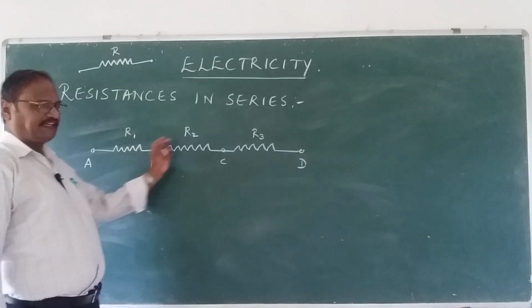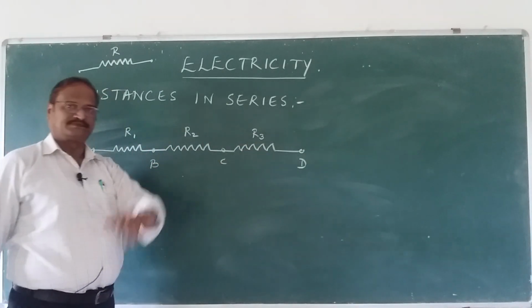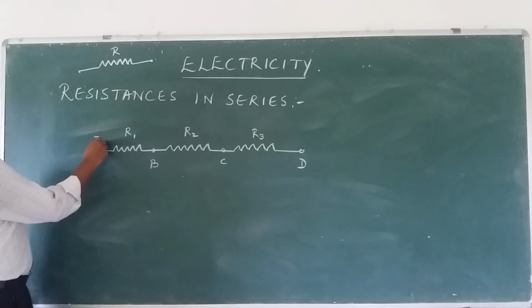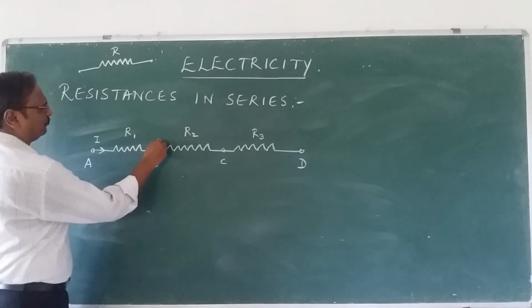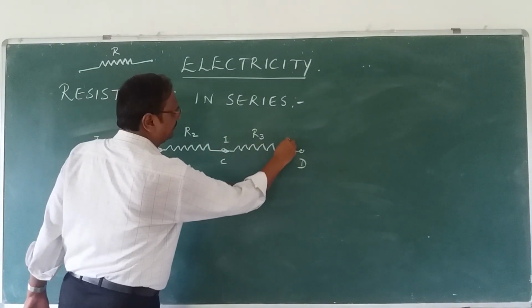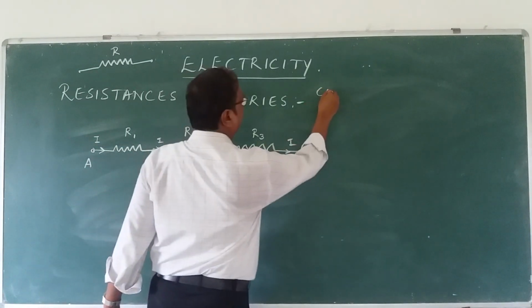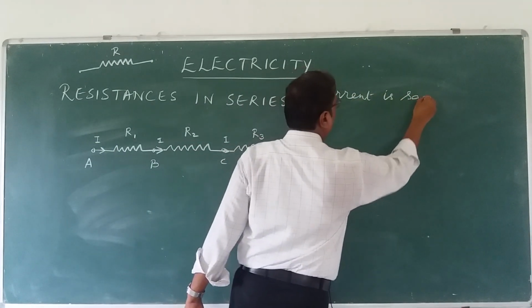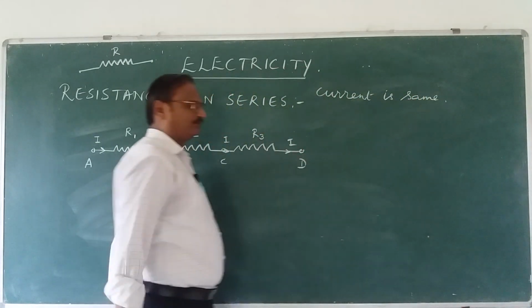I connect them in series, one after the other. When I allow current to flow through, I will find that the same current will flow through each of the resistors like this. Current is same in all the resistors.